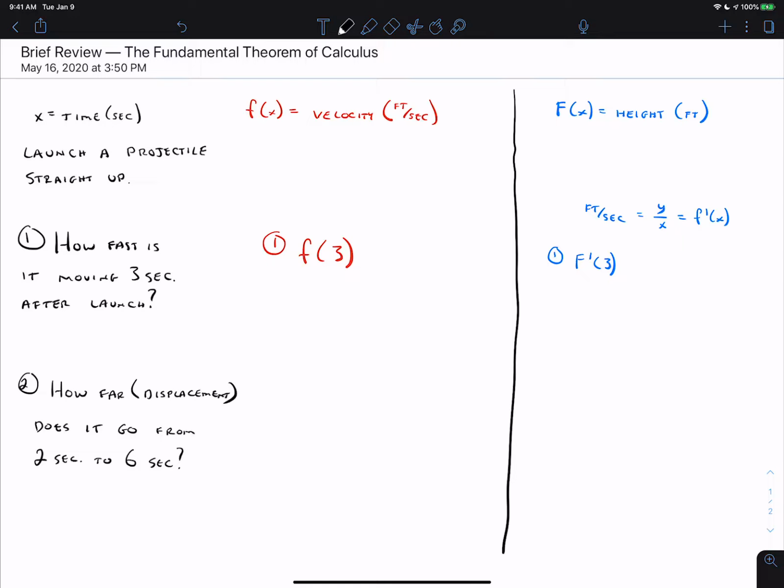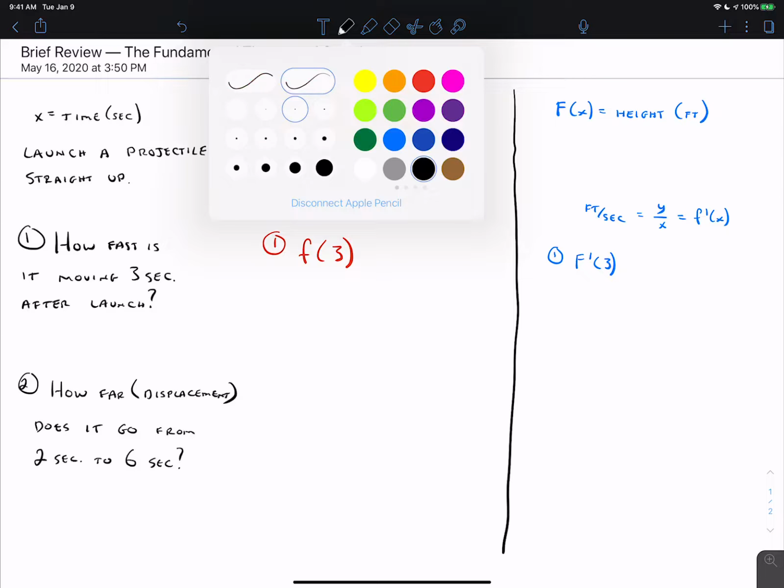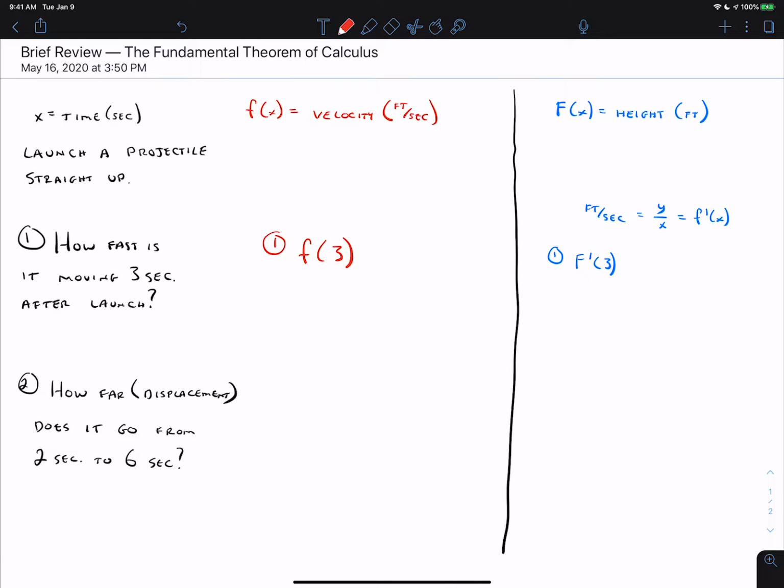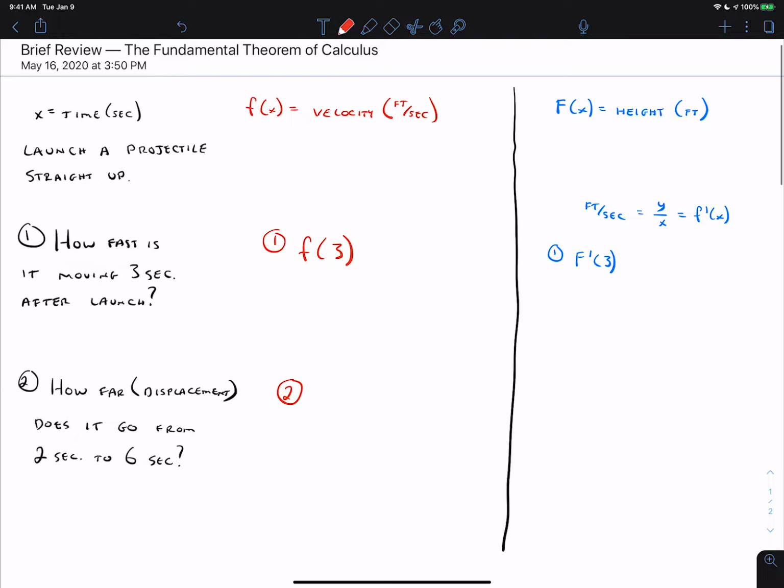So in each scenario, one of these is easier than the other. On problem 2 on the left, we want feet. So you want an answer in terms of feet, but the function gives you feet per second.